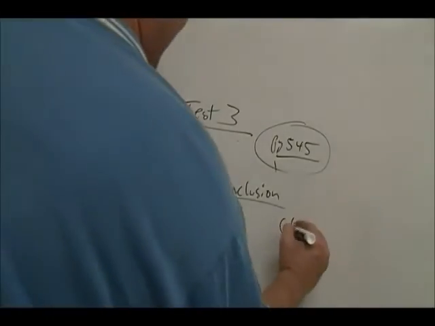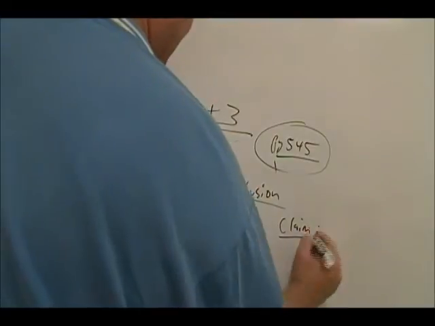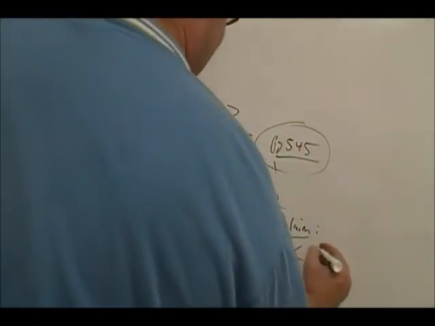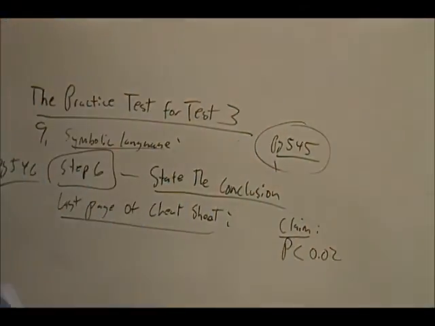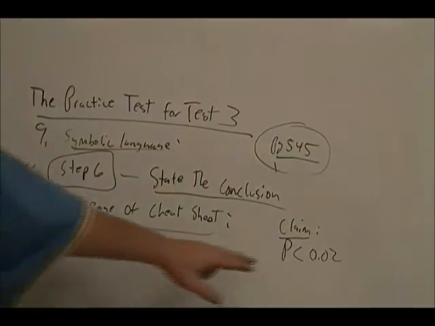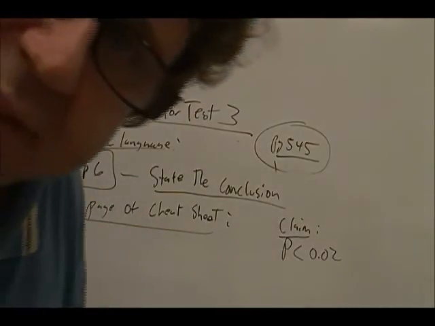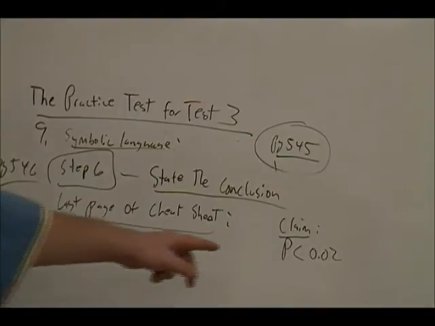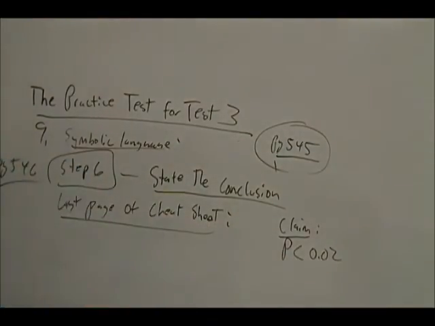Remember, the claim did not have an equal sign in it. The claim was that P was less than 0.02. Our claims never have equal signs in them in these problems from this book. In other books, the claim might have an equal sign, but for our purposes, our claims never have an equal sign. So we always get a no for that first question.